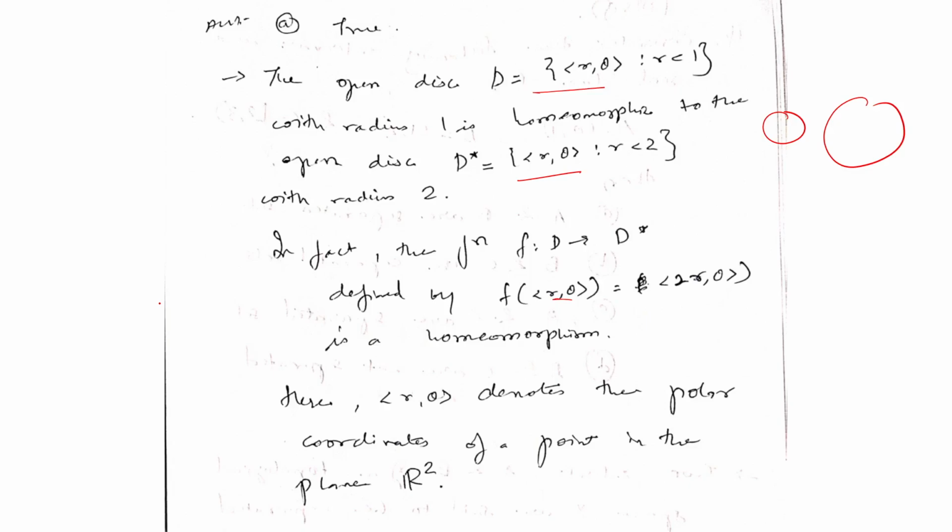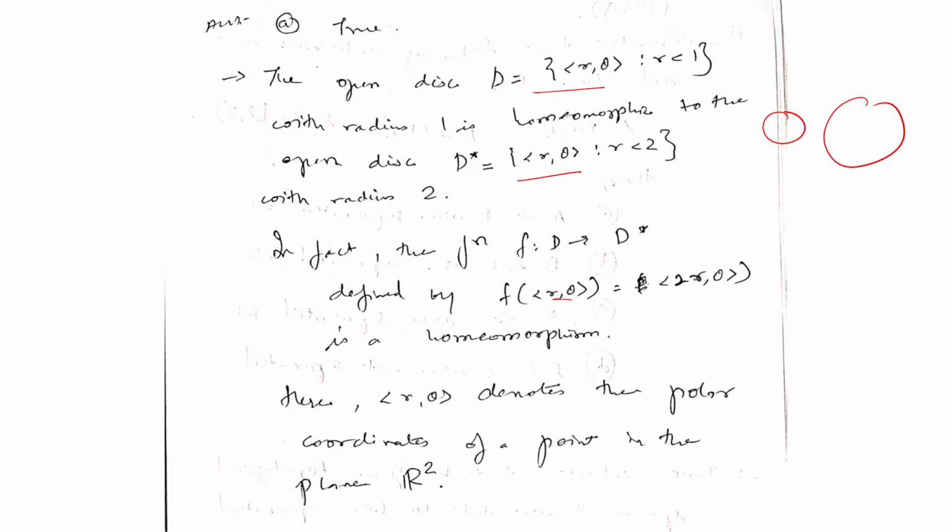So how can we prove it? Consider the open disk D equals the set of (r, theta) such that r is less than 1, with radius 1. It is homeomorphic to the open disk D star equals the set of (r, theta) such that r is less than 2, with radius 2. In fact, the function f from D to D star, defined by f of (r, theta) equals (2r, theta), is a homeomorphism.